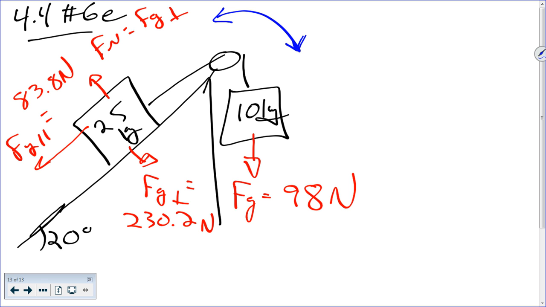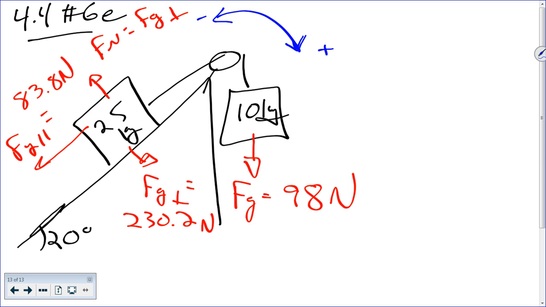To the right or to the left? Wouldn't it move to the right because this gravity force is sort of winning over the 83.8 over here, right? So let's arbitrarily call this way positive and this way negative.